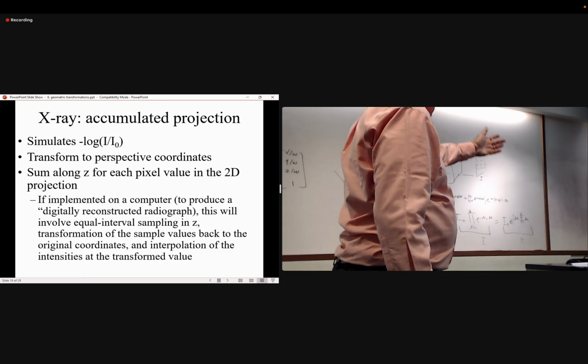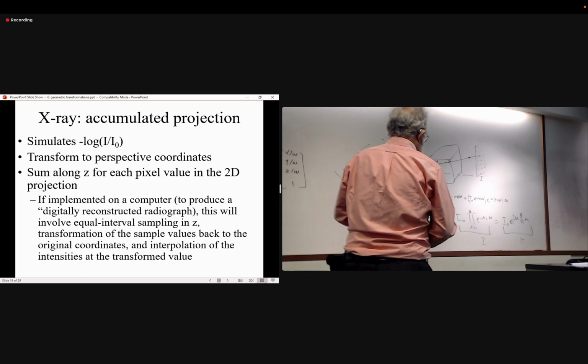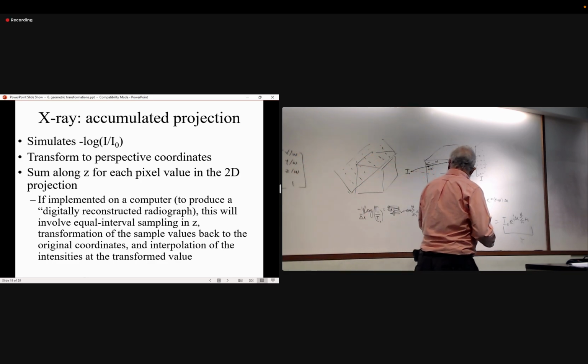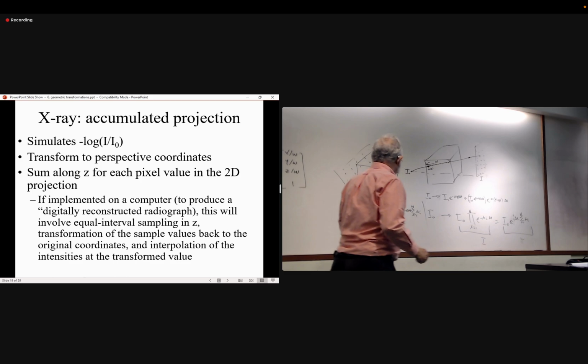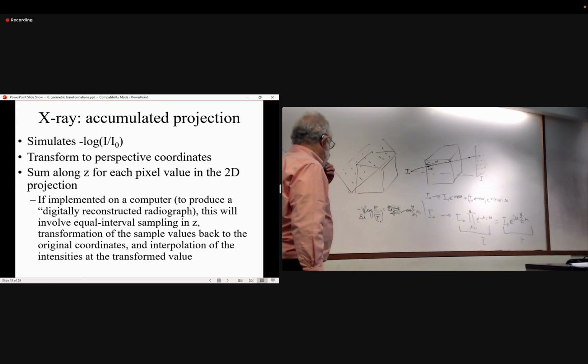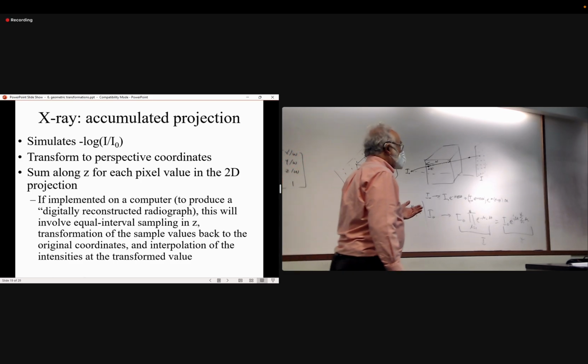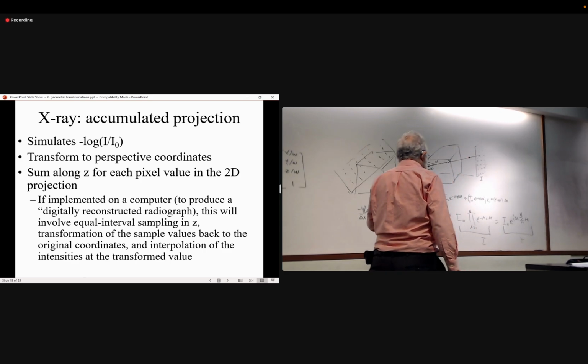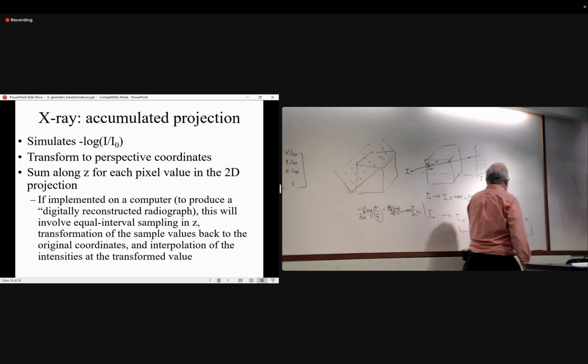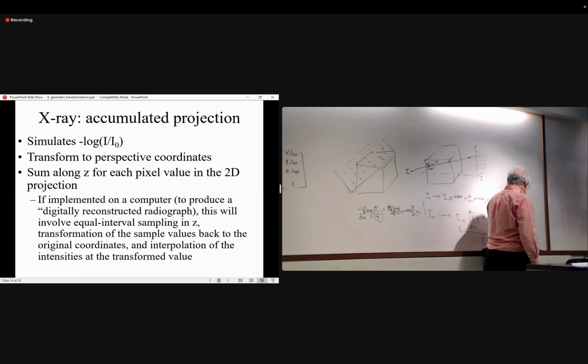So that projection then can be used to compute the actual simulated value of I from this formula.